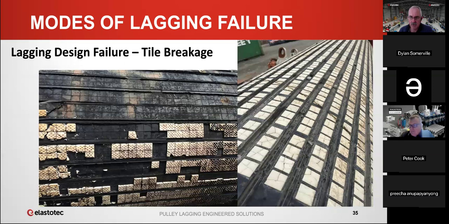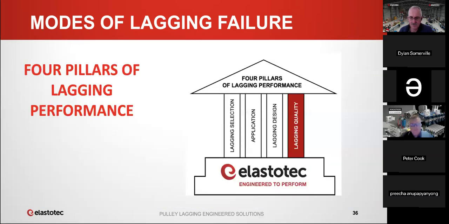Now, the last pillar that we will look at is lagging quality. So lagging quality, the things that are important is that the people manufacturing the lagging must have a really good understanding of how pulley lagging works and what properties are important to getting the best performance.